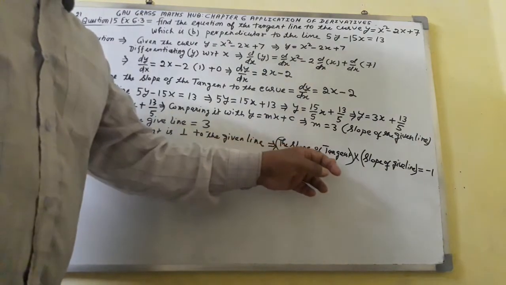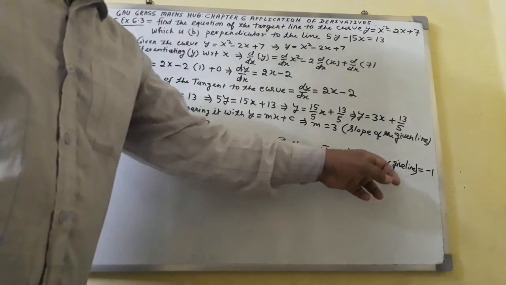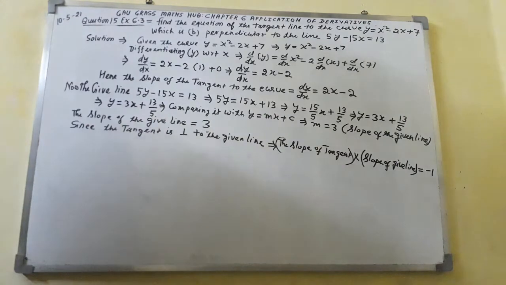That is, slope of the tangent into slope of the given line comes out to be minus 1.